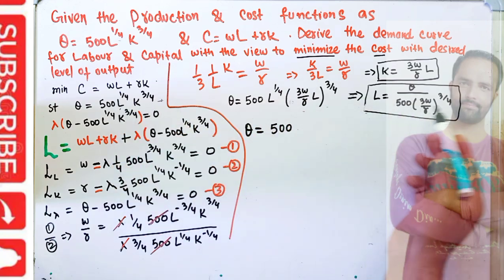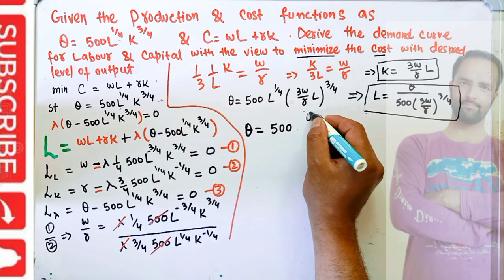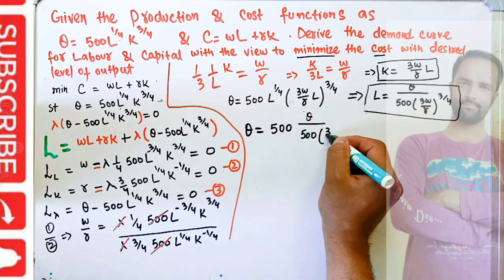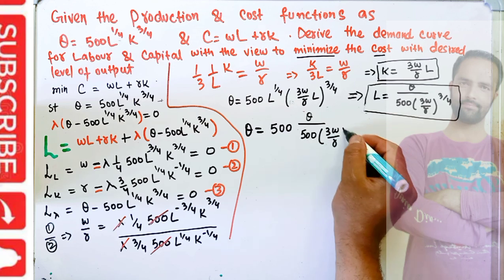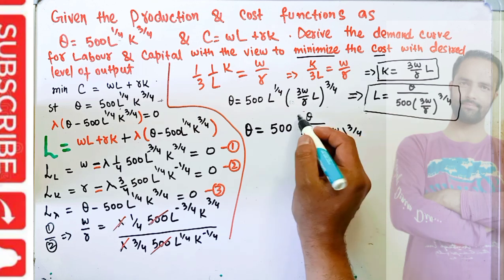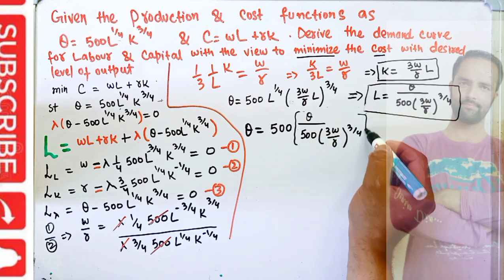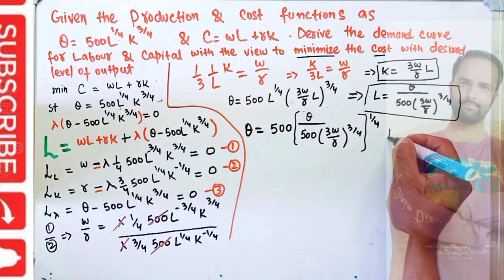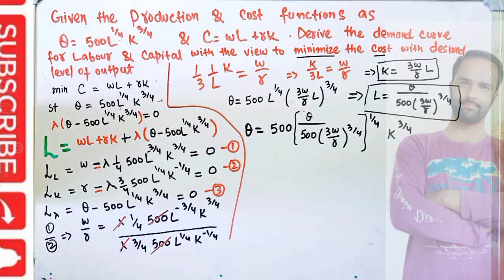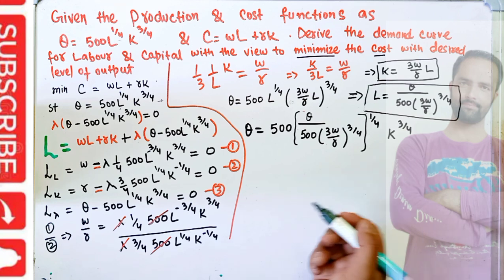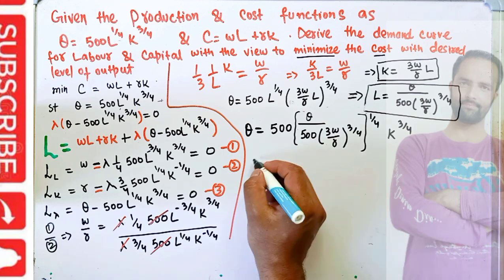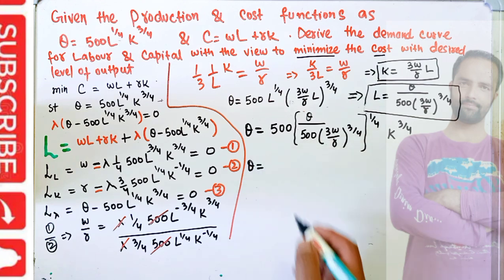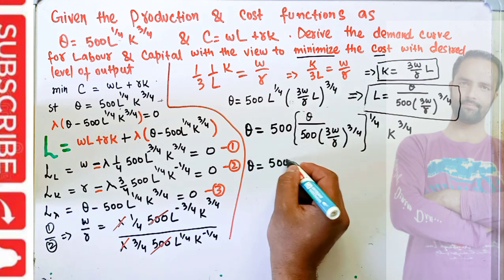So in place of L I have this very expression, so I can write Q upon 500 into (3W/R)^(3/4), this whole thing in place of L, raised to the power 1/4. Then we have K to the power 3/4.